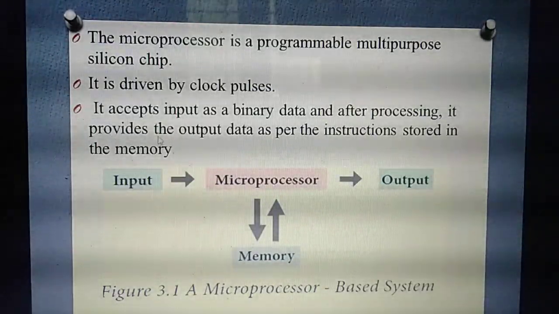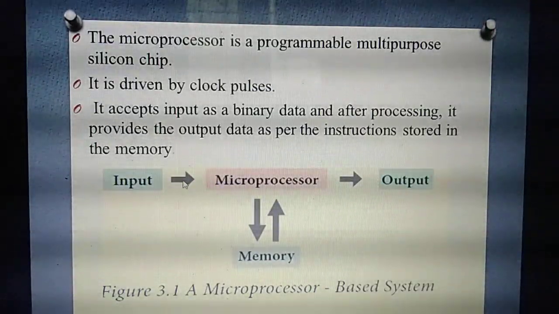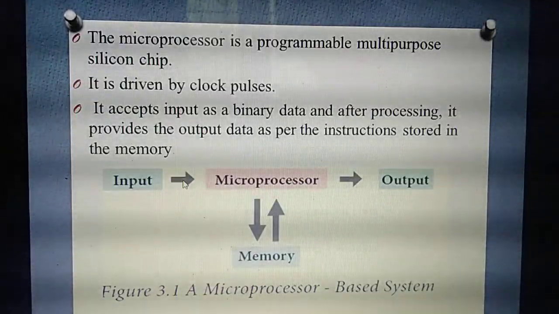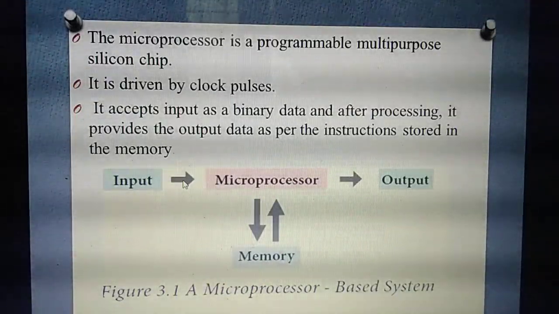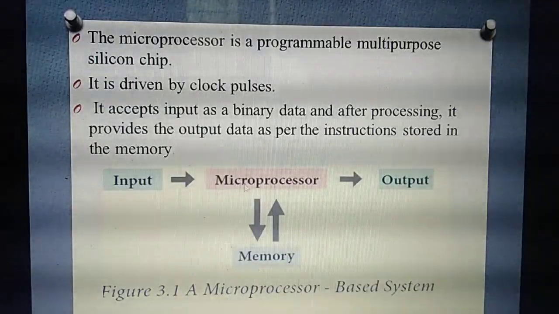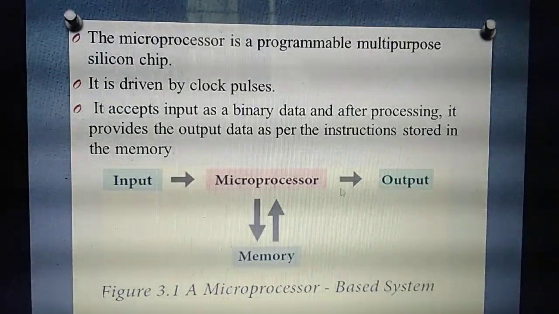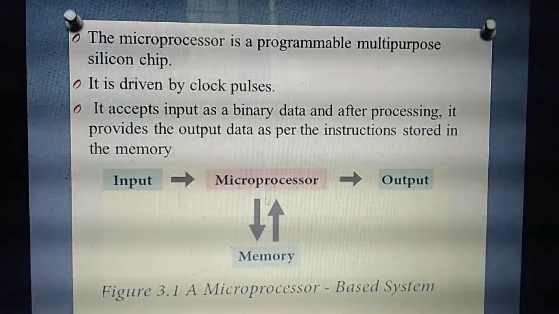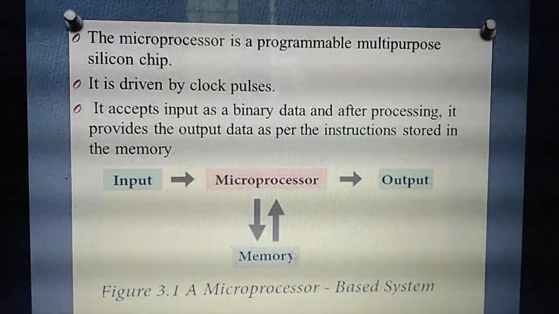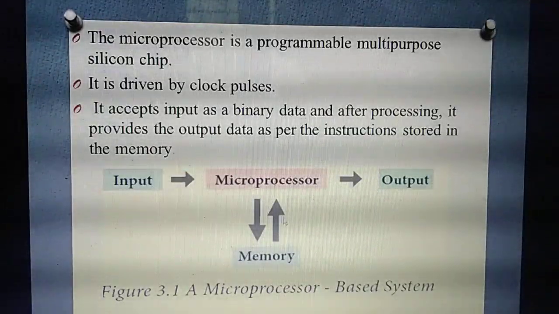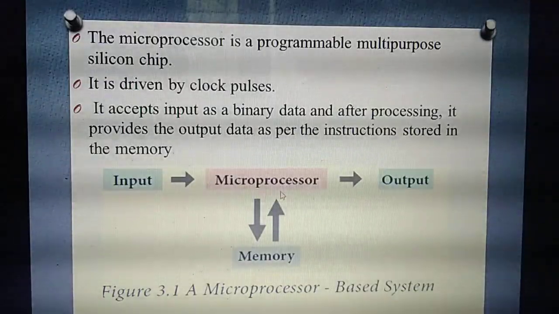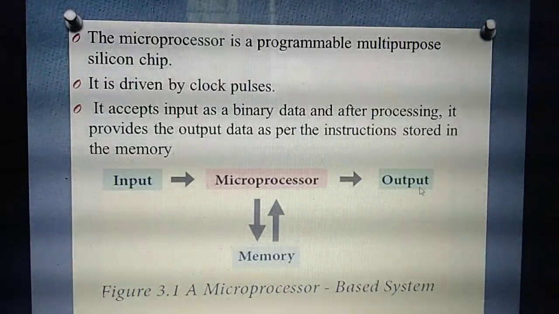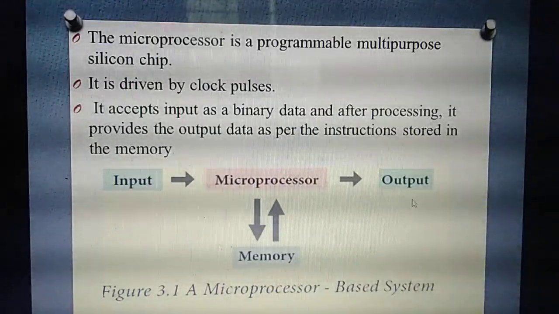The particular input you are giving is converted into binary data format, ones and zeros. The input is processed by the microprocessor and stored in memory. From this memory, the output again goes to the microprocessor, then the microprocessor gives it to the output device. You will get the particular output.